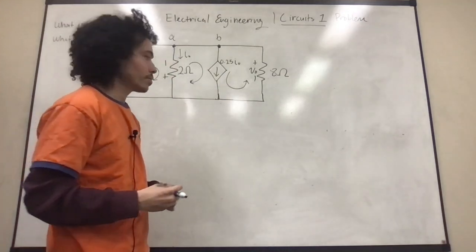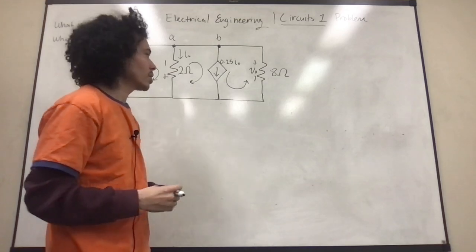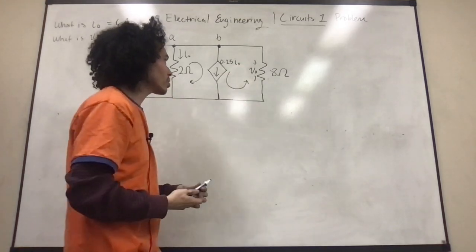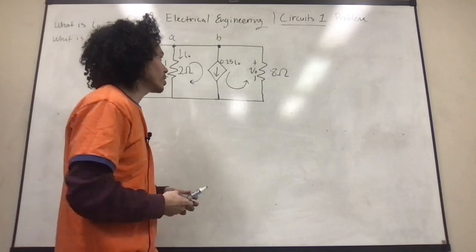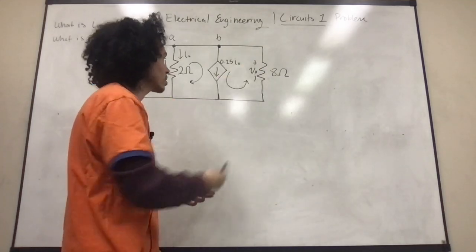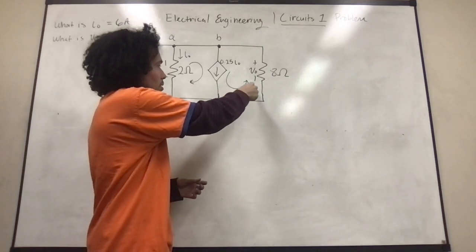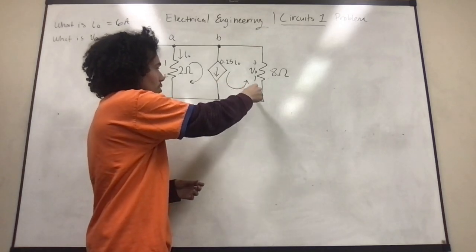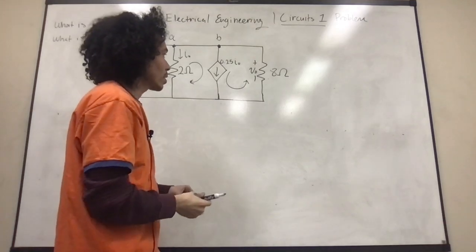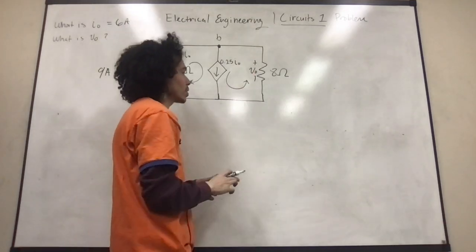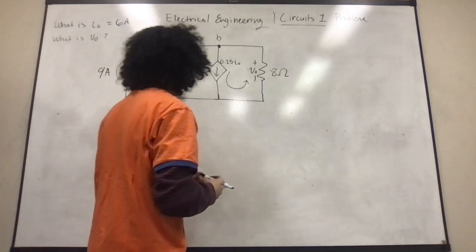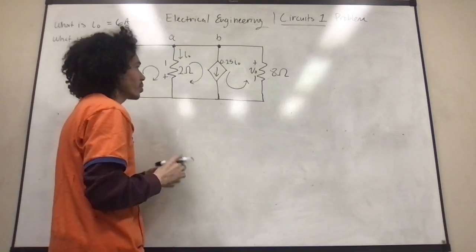The electric potential, or in other words, the voltage across this resistor, because the current is coming out this way and going into it through its negative terminal, we should get a positive. So positive calculation. The polarities are right.